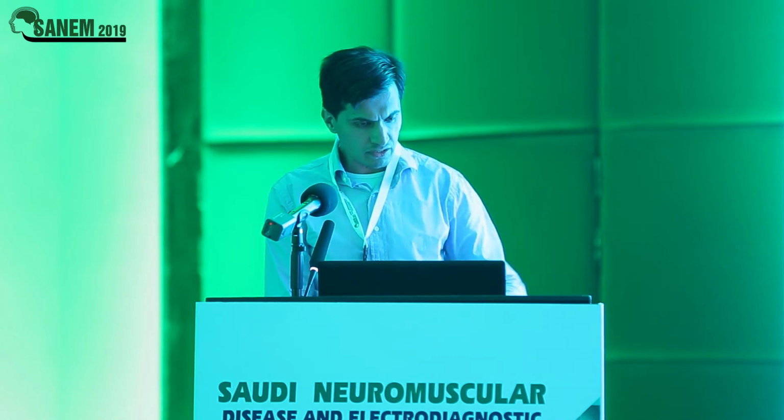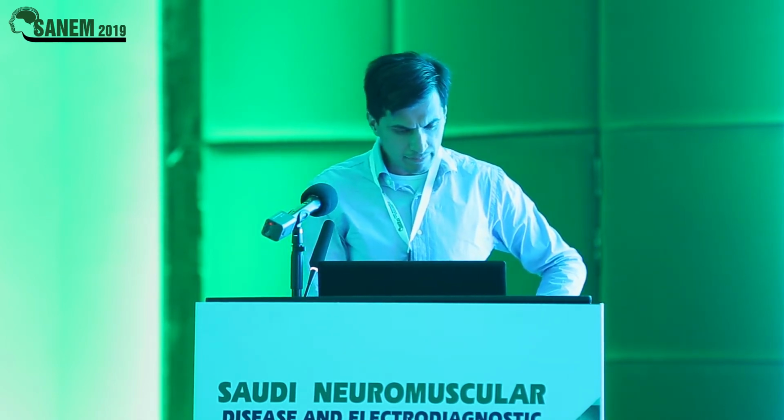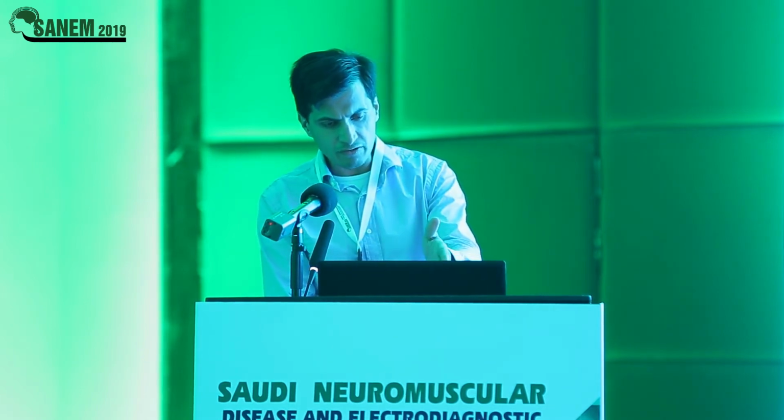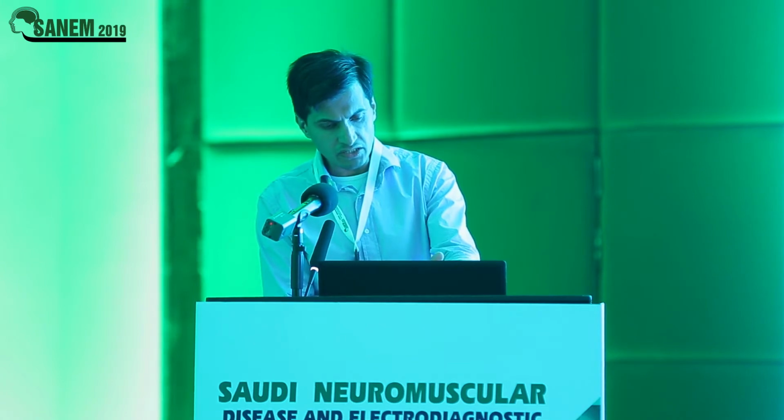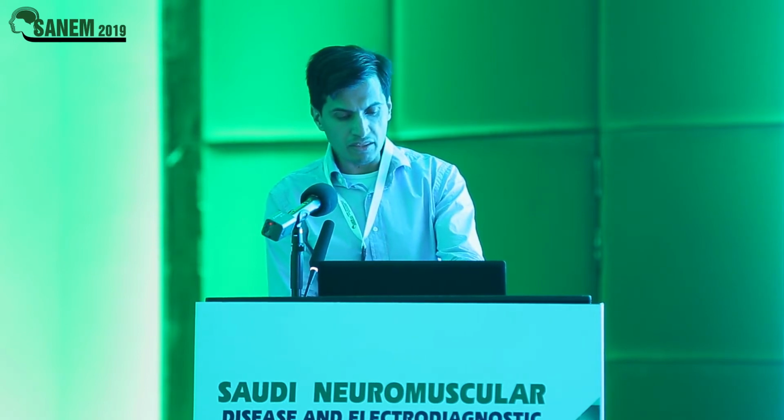In a study of Irish, Scottish, Italian, and American cohorts of ALS patients, the rate of error in diagnosis of ALS ranged from 8 to 3.9 percent. The American cohort is 3.9.